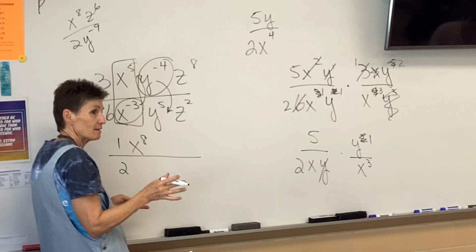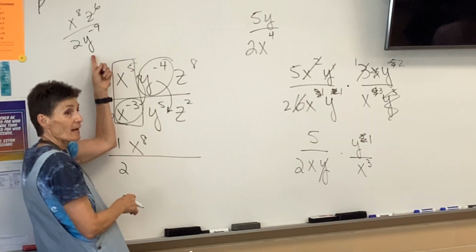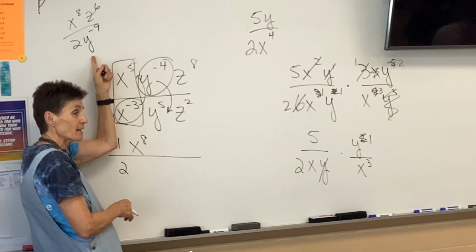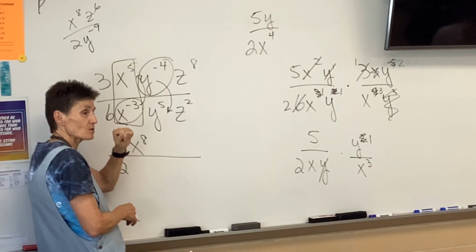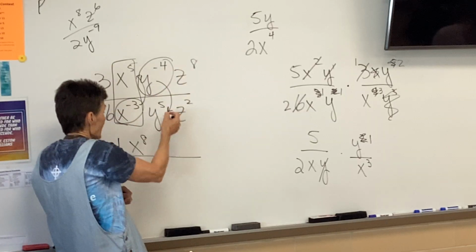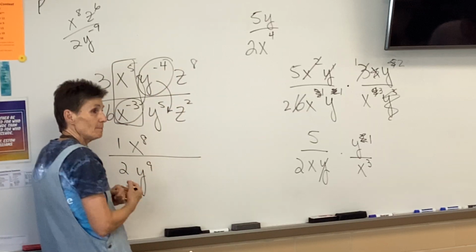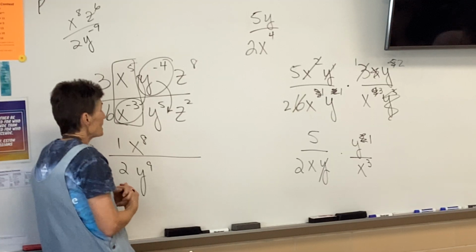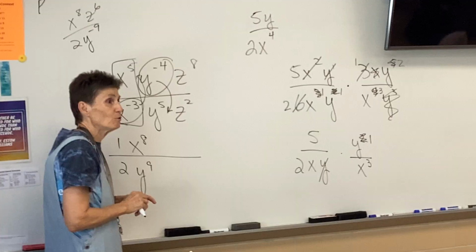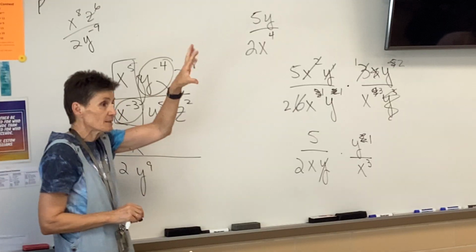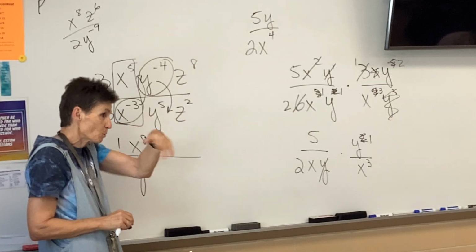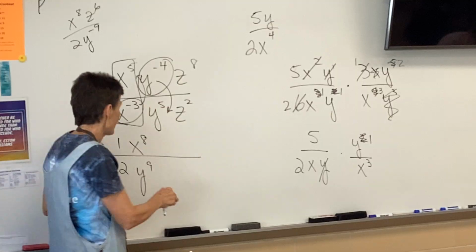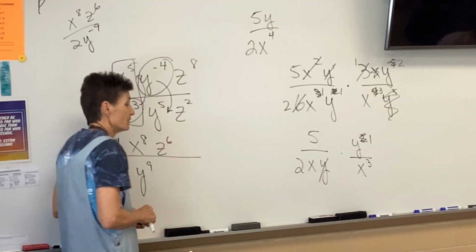You can't have negative exponents. So Charlie would have to do another step here. You cannot have negative exponents in that answer. So I'm gonna bring these 4 down and give you y to the 9th on the bottom. Now my z's, nothing's moving, but I got 8 of them on the top and 2 of them on the bottom, so when I start canceling, I'm gonna have 6 on the top.